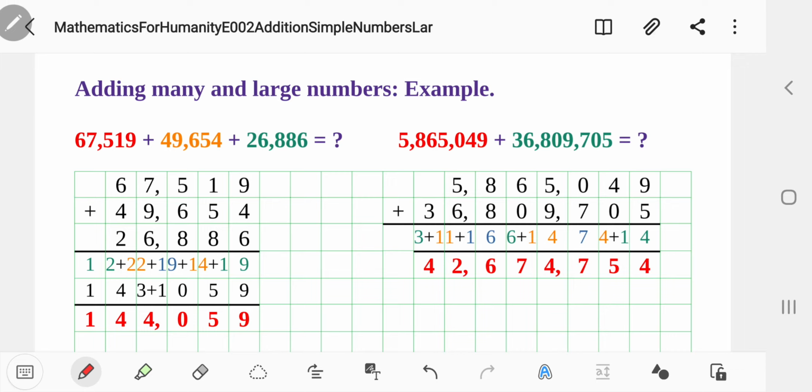67,519 plus 49,654 plus 26,886 will give you 144,059.